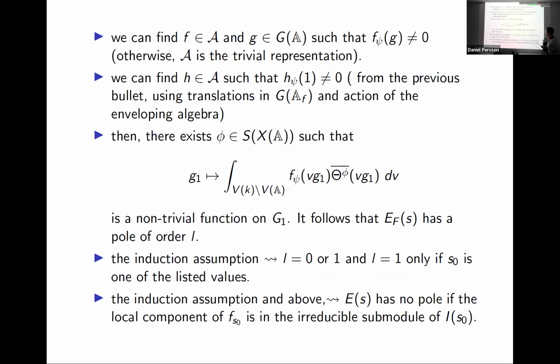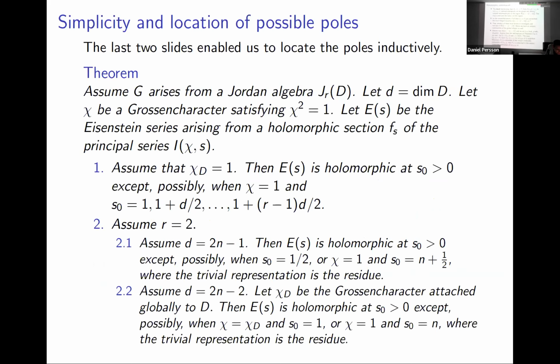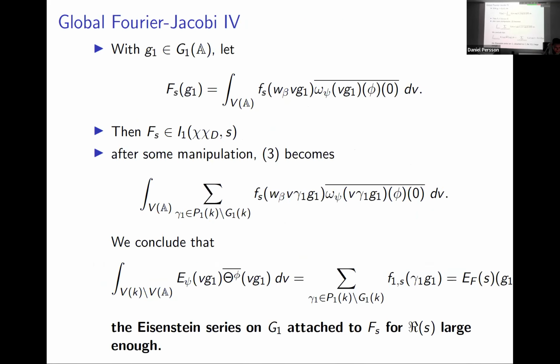So the thing is that you want to prove that this integral, which appears here, is non-zero exactly also for these x when you take them from the residual representation.